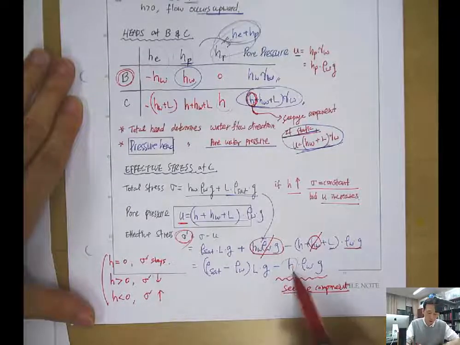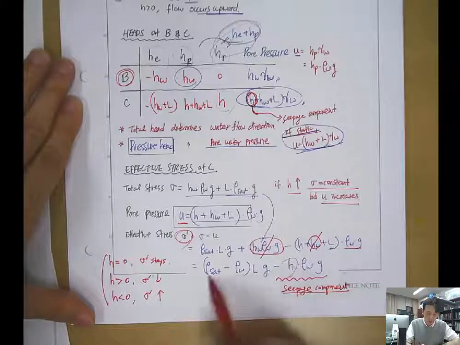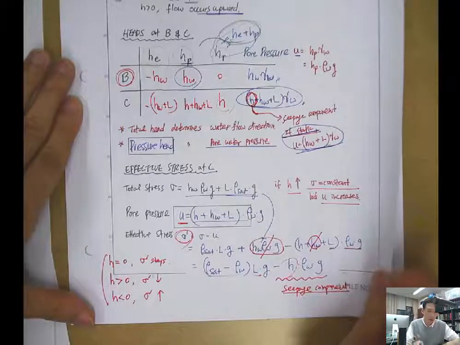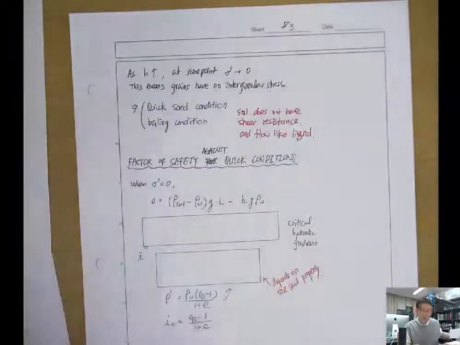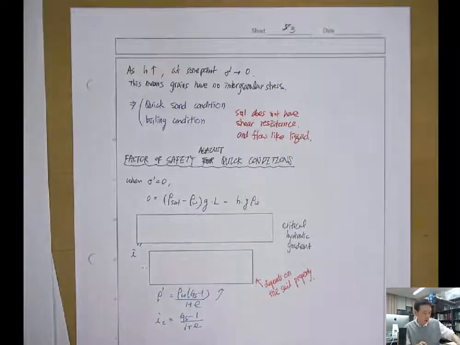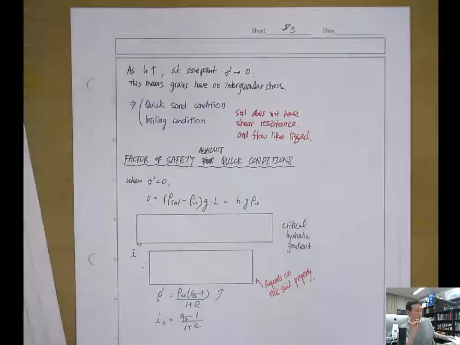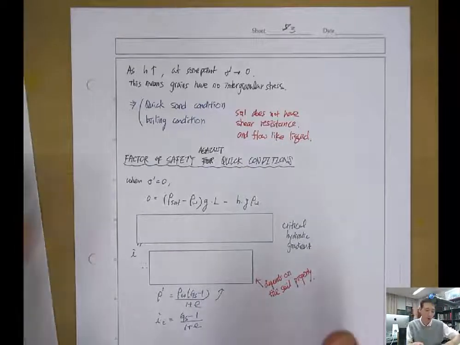If H increases enough, it will cancel out the total stress, so that it's going to be zero. And it's called the quick condition, where that stage is defined as the failure.